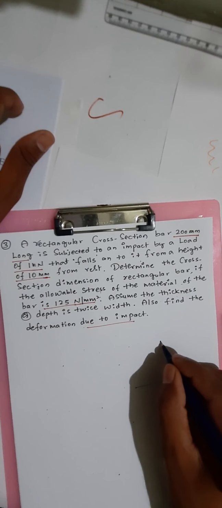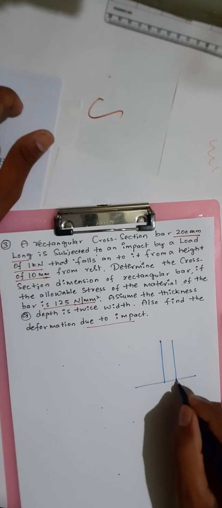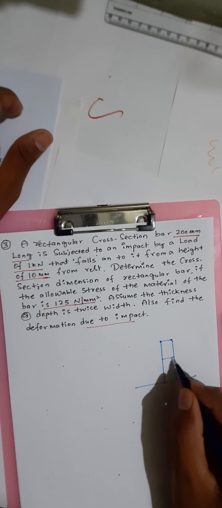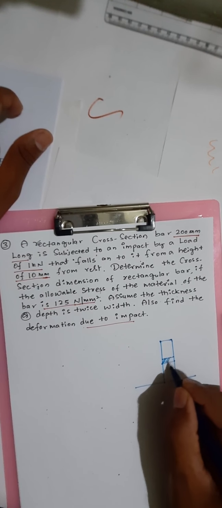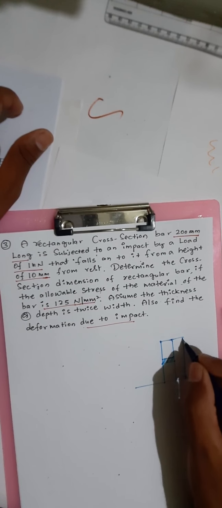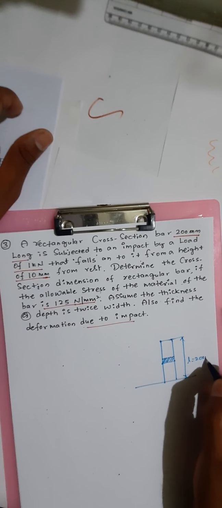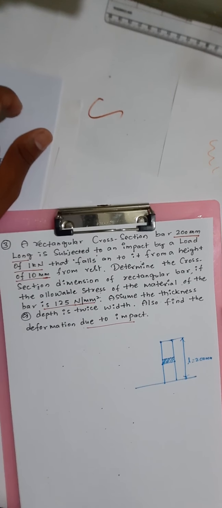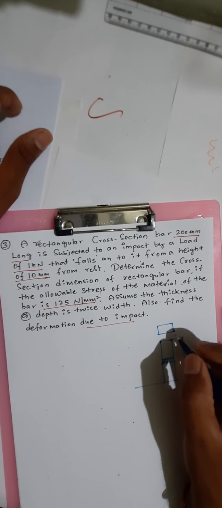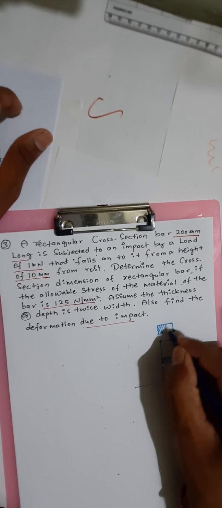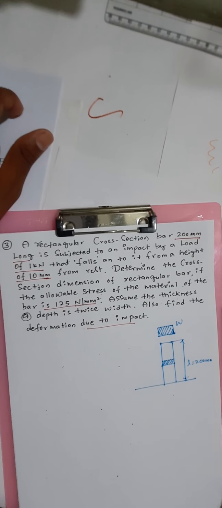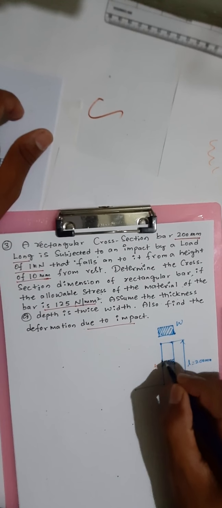This is a rectangular bar. Given the problem, the length of the bar is L equal to 200 mm, and then the impact load W. Here, what we need to find out is the breadth and depth.